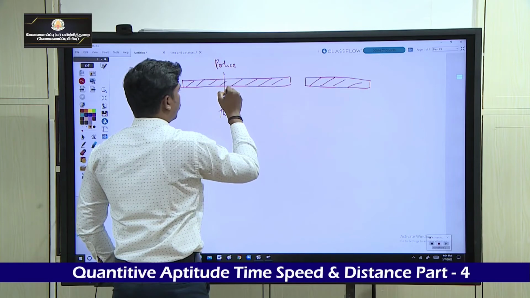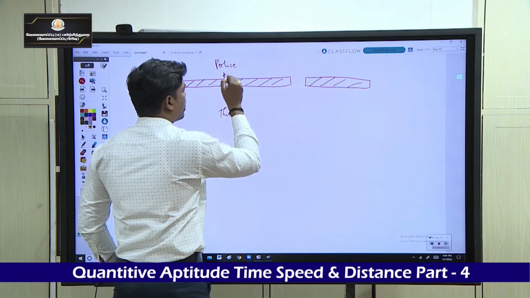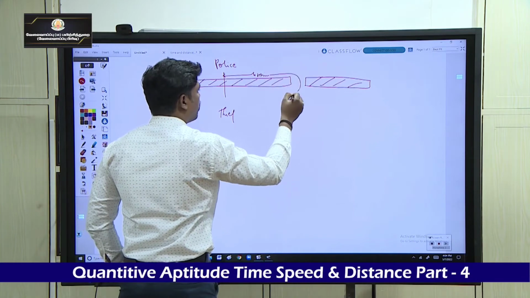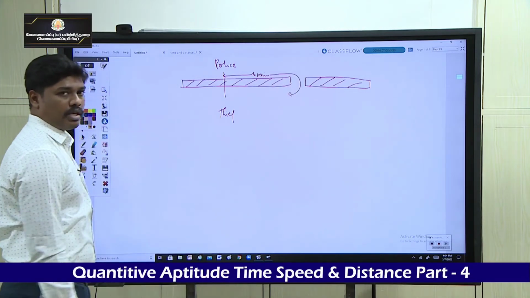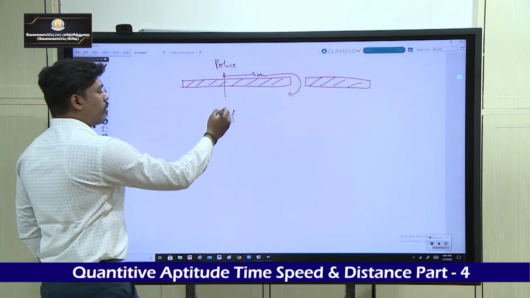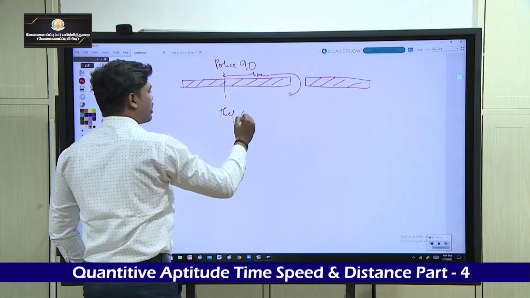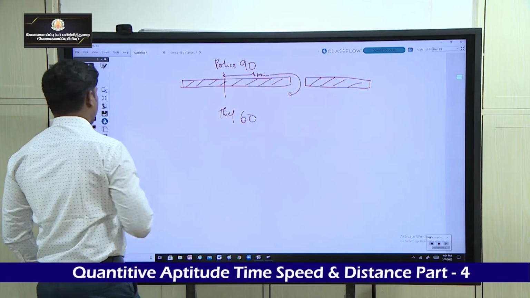So from this point, the police has to travel 6 minutes to take a U-turn here. Police moving at 90 km/h, thief moving at 60 km/h.